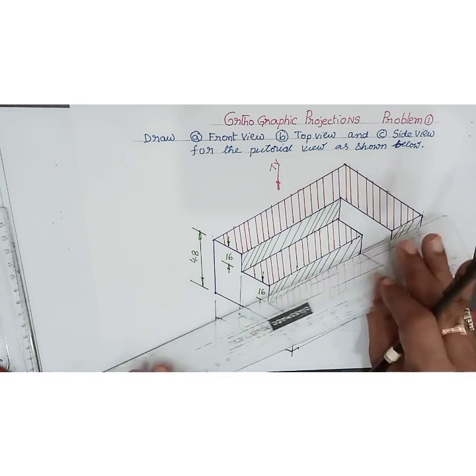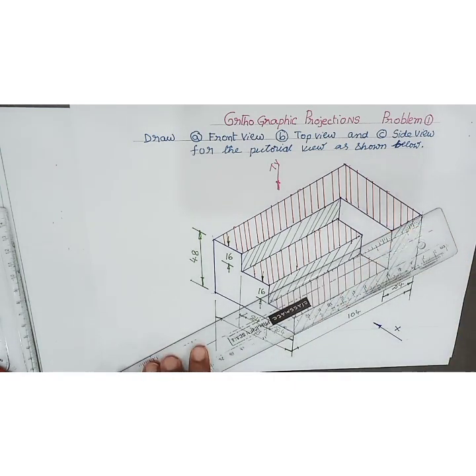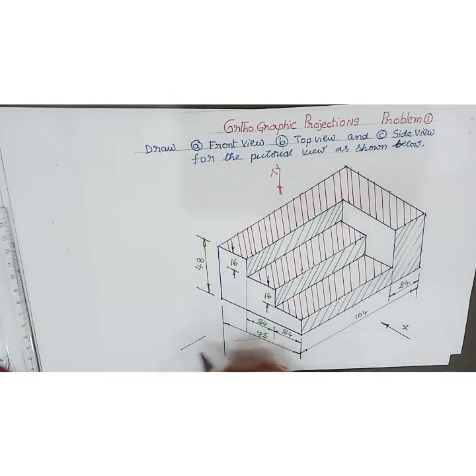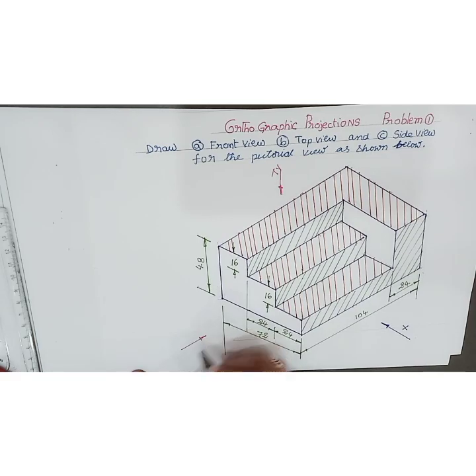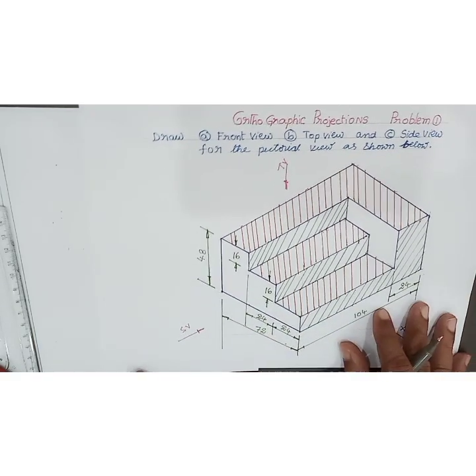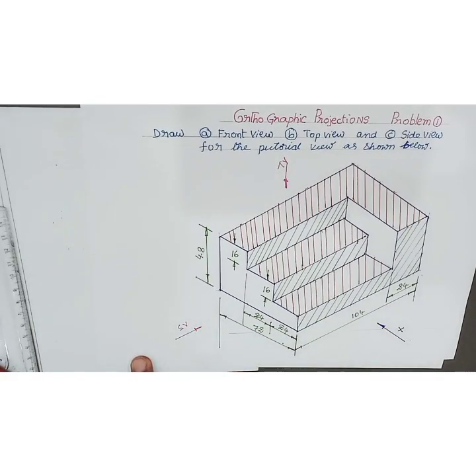Then we'll analyze the side view. In the case of side view, breadth and height is visible. We are able to see the non-shaded region, say this height, breadth, height, breadth, height.